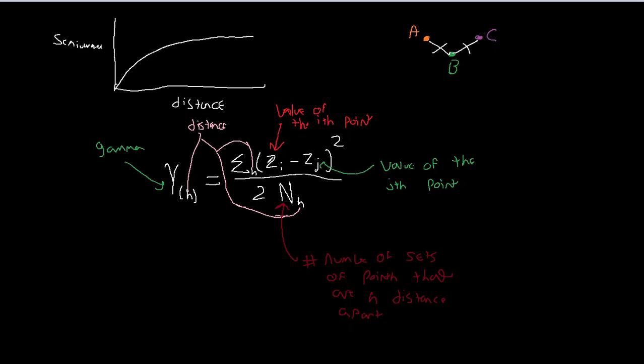To do this calculation, we would do ZA minus ZB, because that's one set of points.